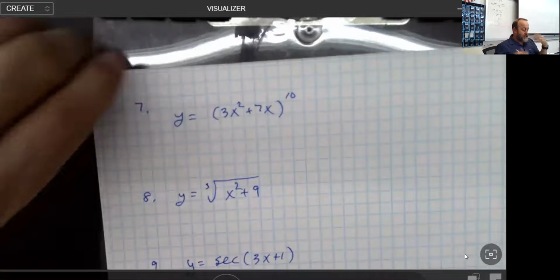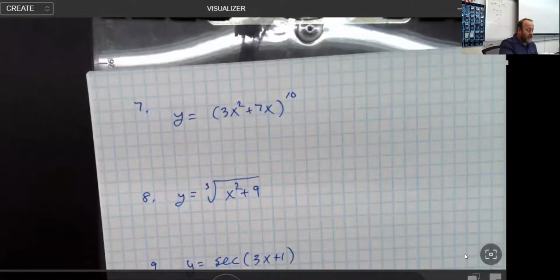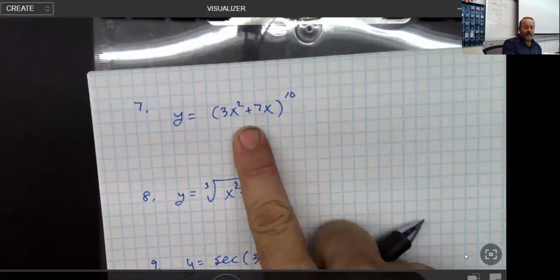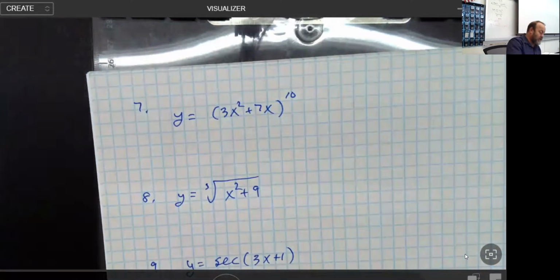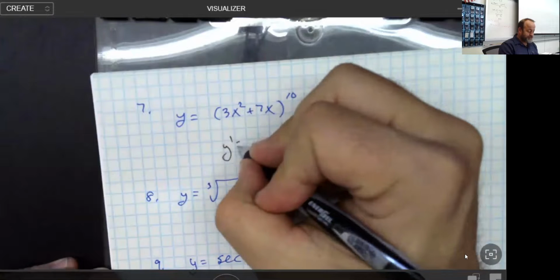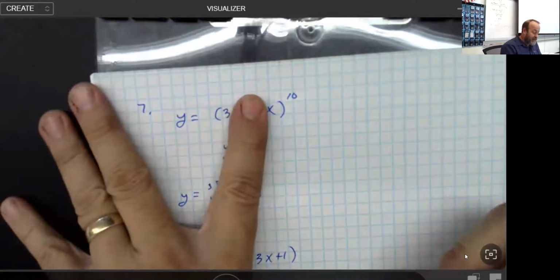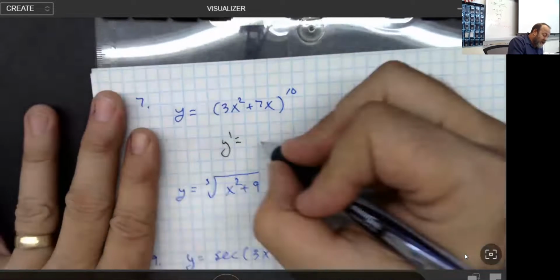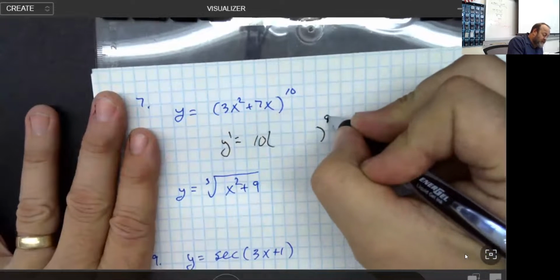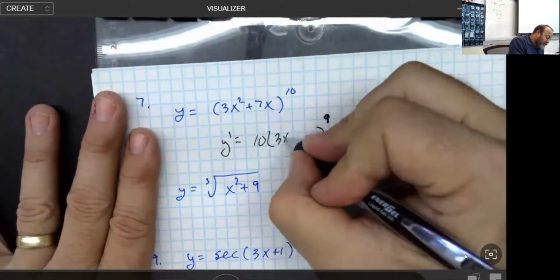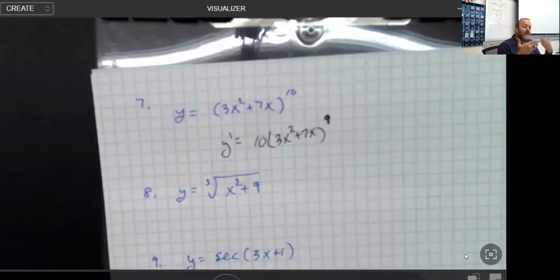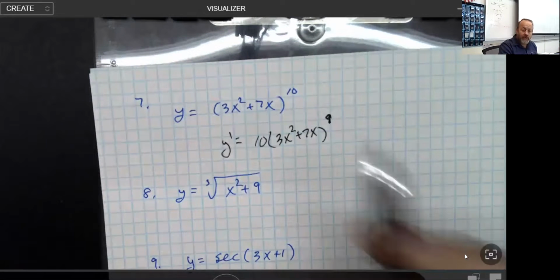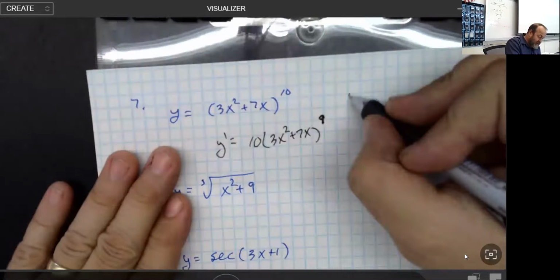Now, I mentioned in the other one that we're going to go a little bit faster on some of these problems. So we know that the composite has the inside function, and something to the 10th power is the outer function. So I'm just going to start going a little bit quicker. If I have something to the 10th power, its derivative would be 10 of those things to the 9th power. This is what happened in the previous video. So we noticed that pattern so we could go quickly, because I would be letting u be 3x squared plus 7x.